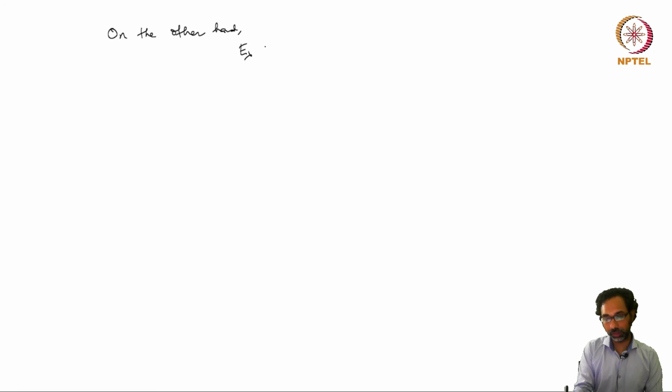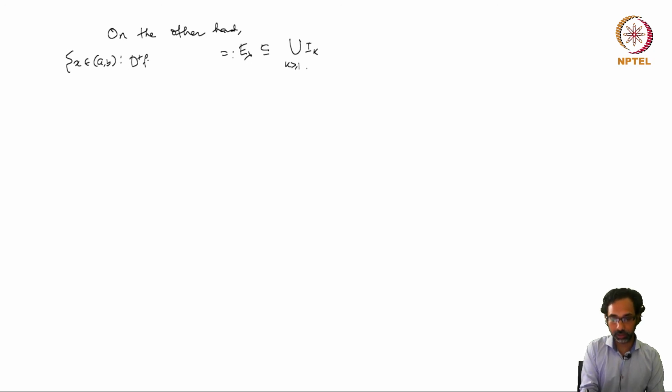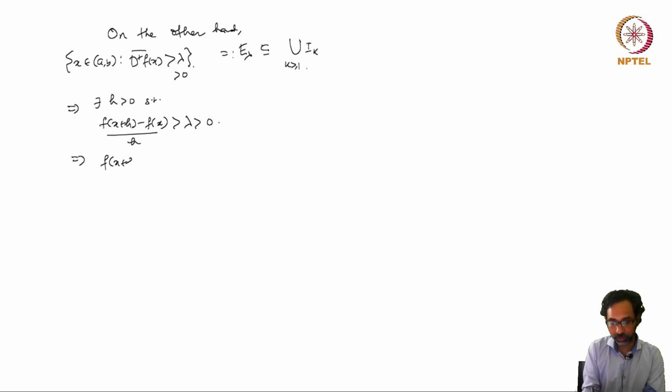Now on the other hand, the set E_lambda is a subset of the union of all I_k, k greater than or equal to 1, because remember that this was the set of points x in (a, b) such that D+ f upper bar (x) is greater than lambda, and since lambda is strictly positive, this means that there exists an h positive such that (f(x+h) minus f(x)) over h is greater than lambda, which is positive, which means that f(x+h) minus f(x) is positive, and so x belongs to the set E used in the Rising Sun Lemma.